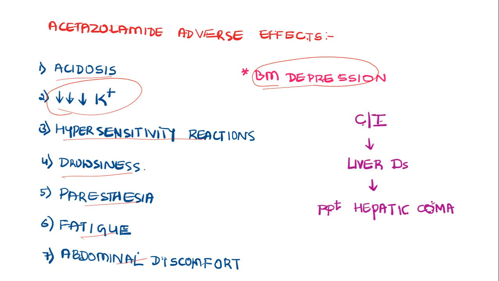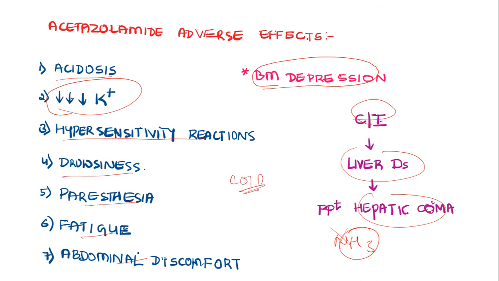It is contraindicated in patients with liver disease, because it precipitates hepatic coma by interfering with the urinary elimination of ammonia due to the alkaline urine. You should also remember that in COPD, acidosis may occur when you give acetazolamide.